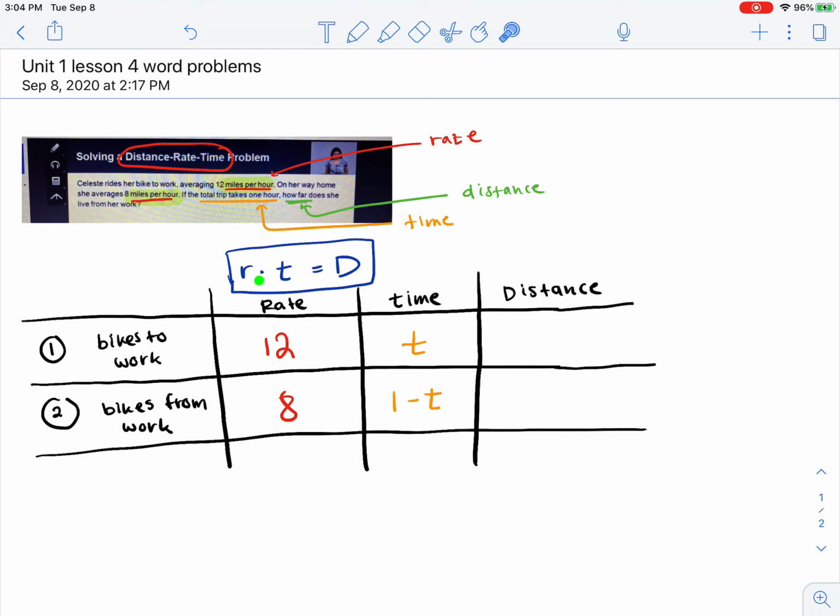I am going to multiply rate and time to obtain distance. So 12 times t is 12t. 8 times 1 minus t is 8 parentheses 1 minus t.